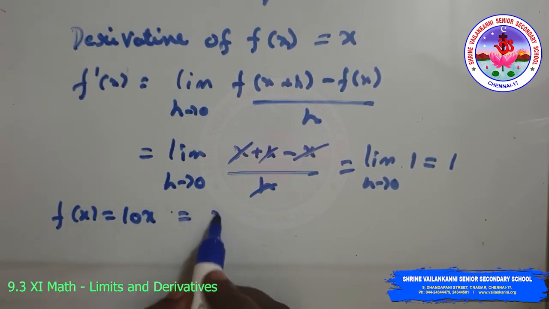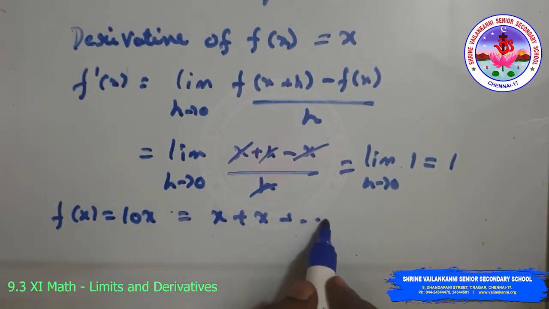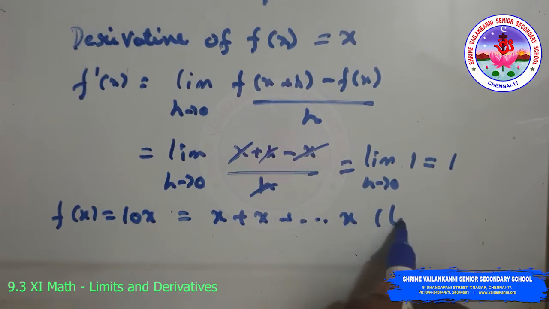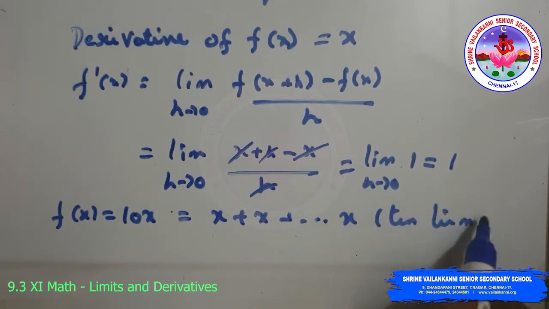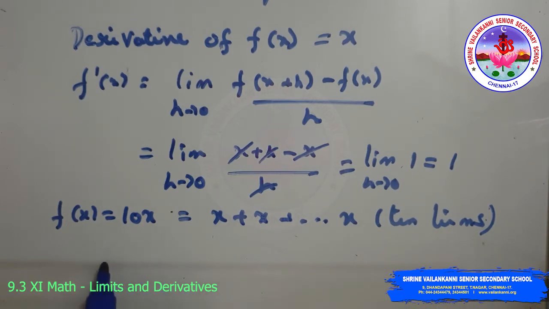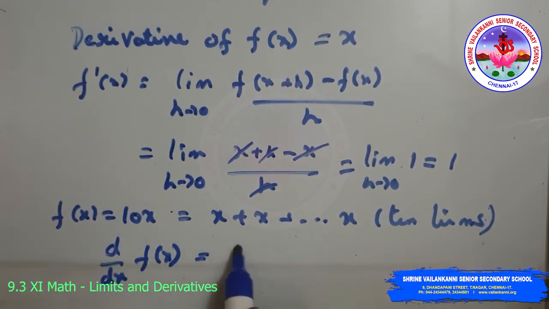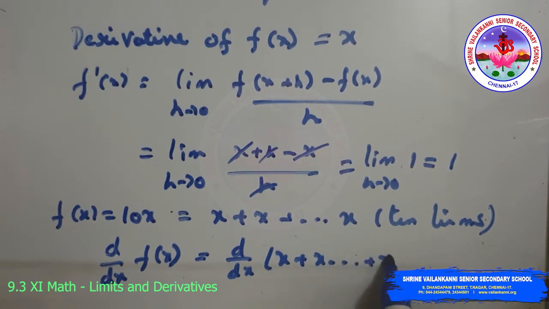We can write 10x as x plus x till 10 times. That is, we have 10 terms of x. So we can write d by dx of f of x, that is, we are differentiating f of x. So d by dx of x plus x till x, 10 terms.